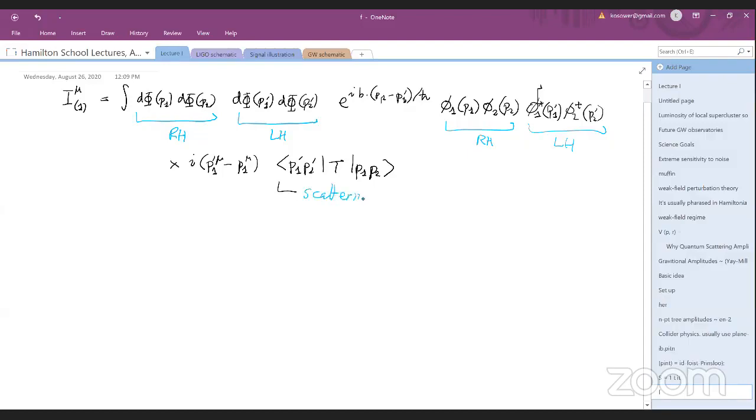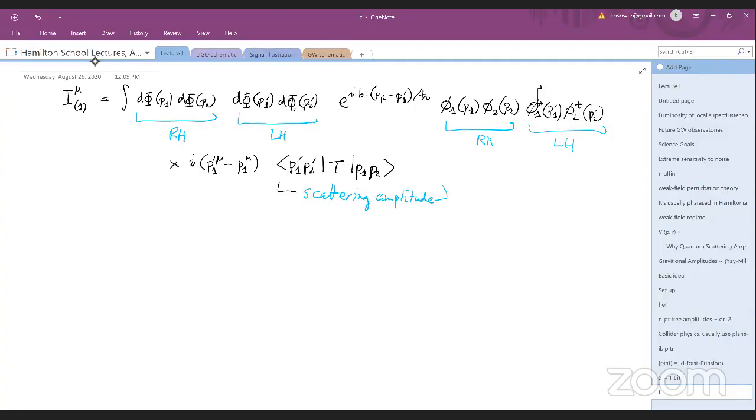So this is something that we know how to compute, or at least those of us who have been working in amplitudes know how to compute. And at this point, this expression is in fact good to all orders in perturbation theory. Now, it's not good to all orders in perturbation theory standing on its own as I1. One needs to include I2 as well.